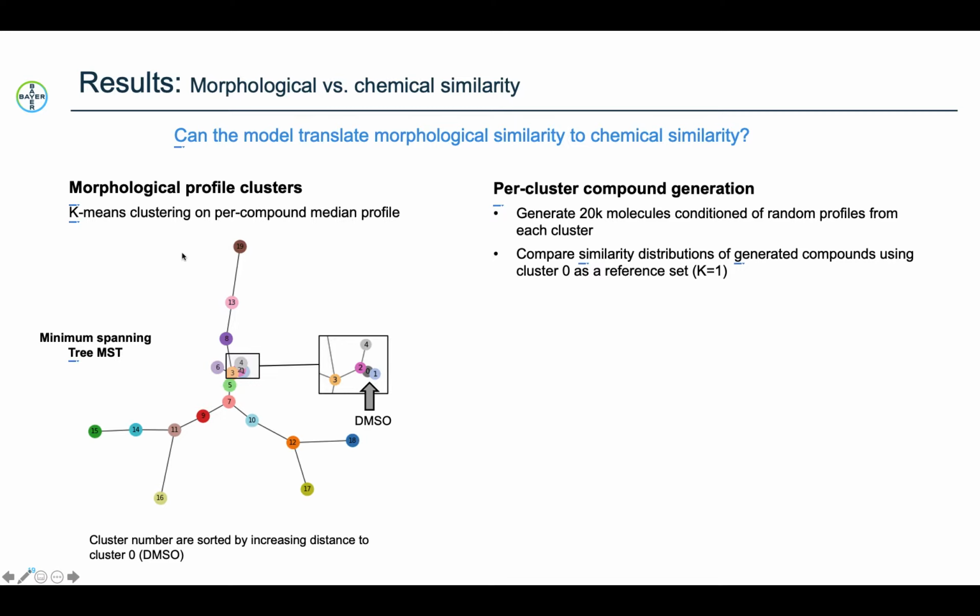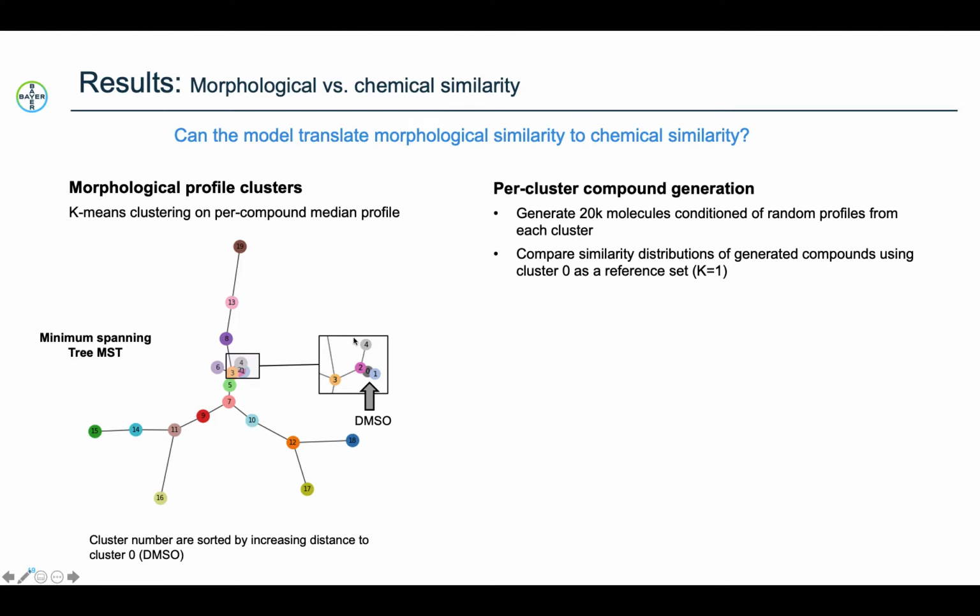To address this question, we clustered the morphological profiles in the training set using k-means clustering on the per compound median profile. After clustering, we used the cluster centroids to build a minimum spanning tree, in order to recapitulate the hierarchy of the clusters and to get a feeling of their organization and the distances between different clusters.